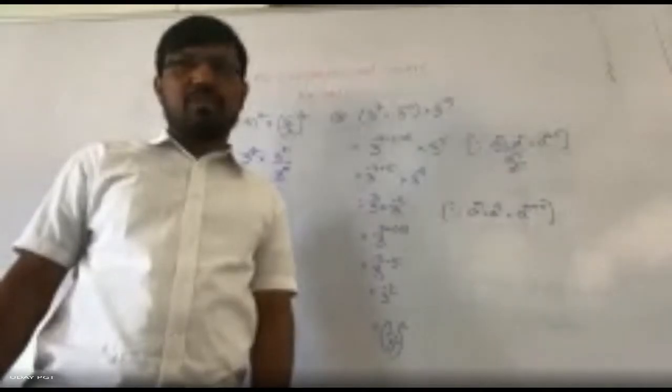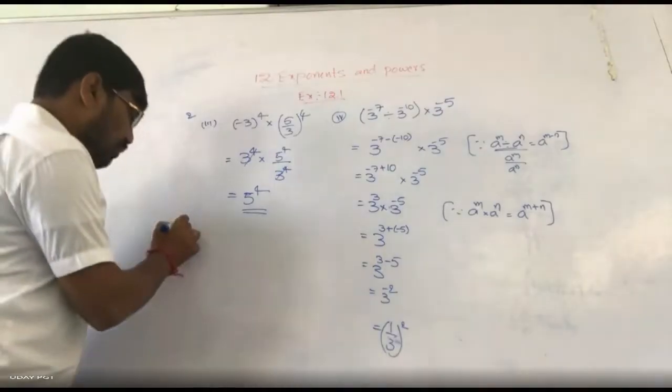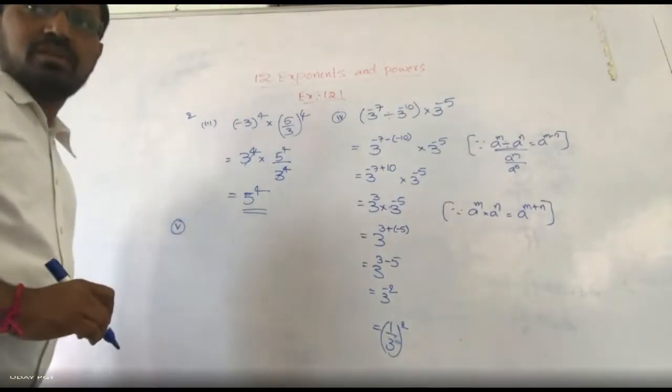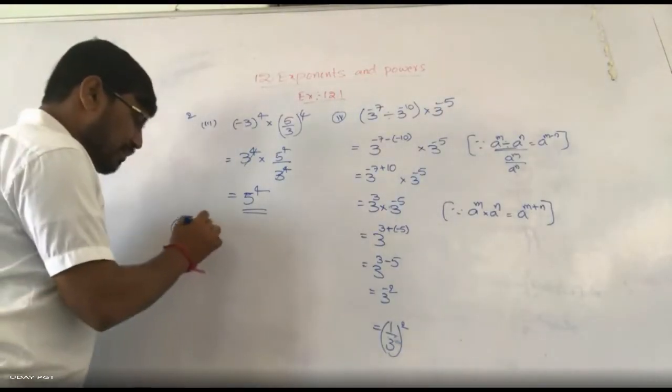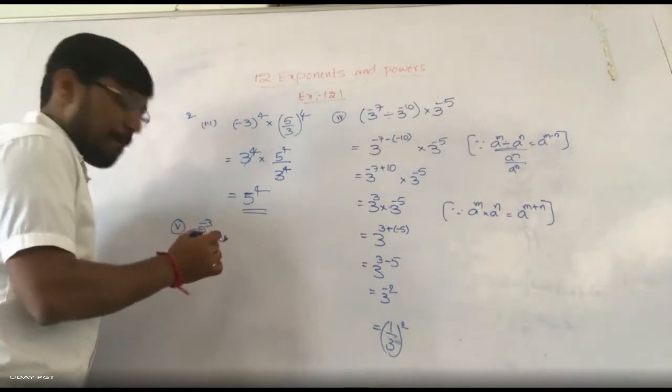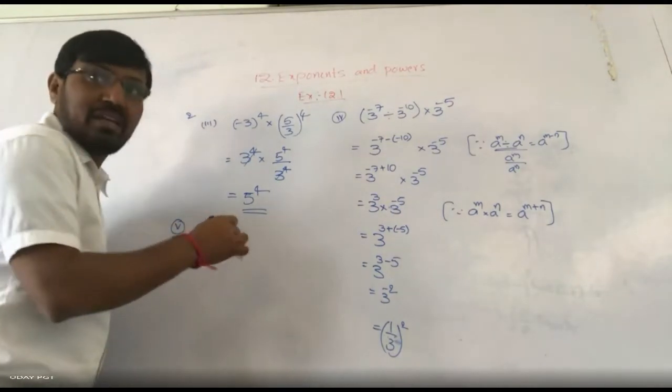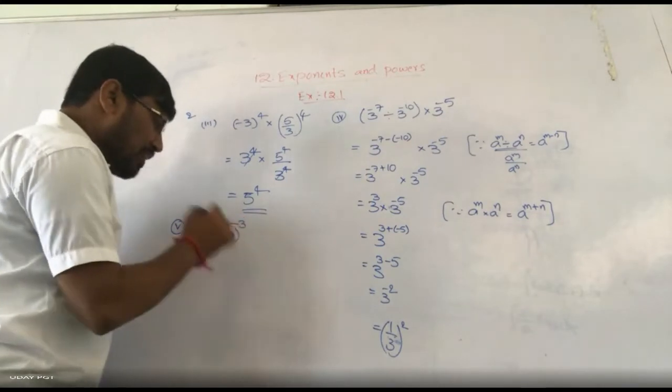Next, the fifth problem: 2 power minus 3 into minus 7 whole power minus 3. In what form are these two?